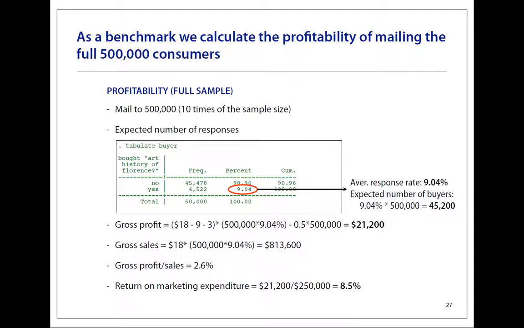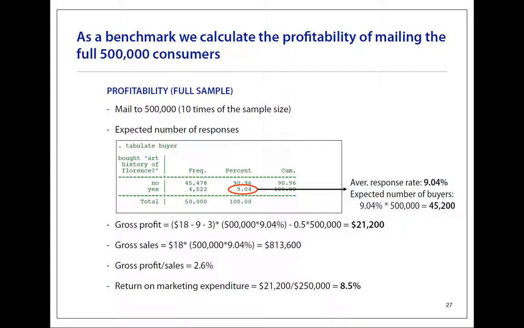This is how we think about this problem. We don't have information on these 500,000 customers, except we know their RFM indices. But we do know for the 50,000 customers who responded and who didn't respond.